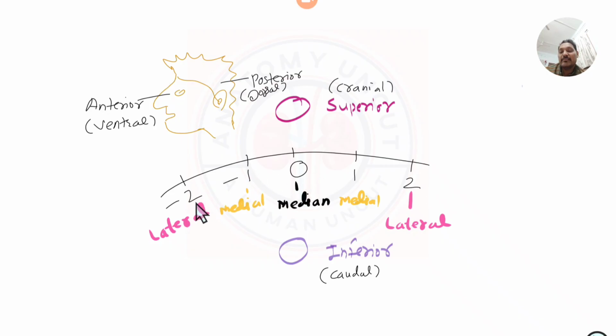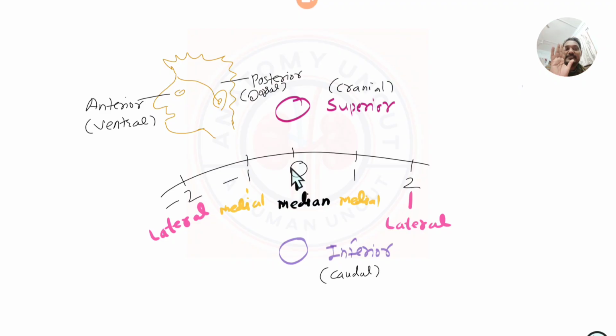In comparison to this one, this 2 is lateral. This 2 is lateral to 0 as well as 1. So these are relative terms which are used for the position of a structure.